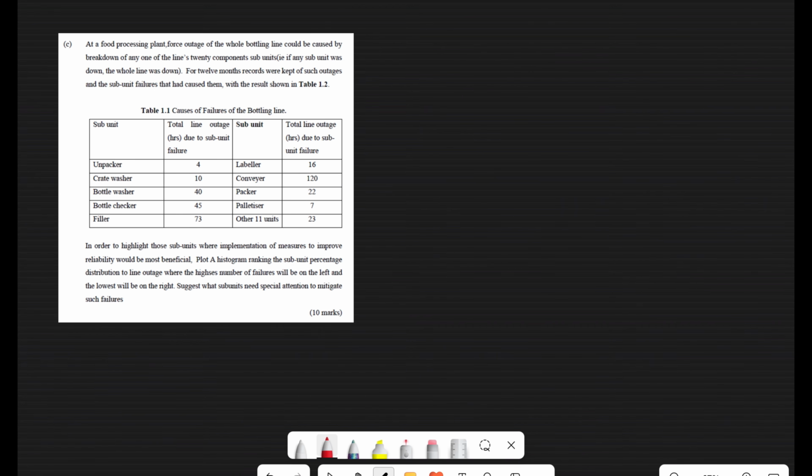Okay, because to draw a histogram, you need to find the range and then you have to find the percentage, cumulative and percentage. Okay, so you calculate first.